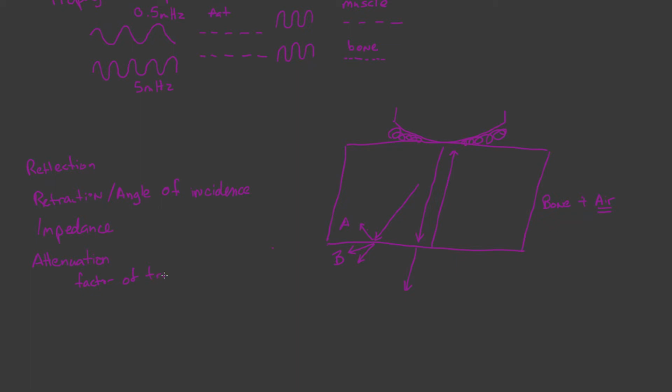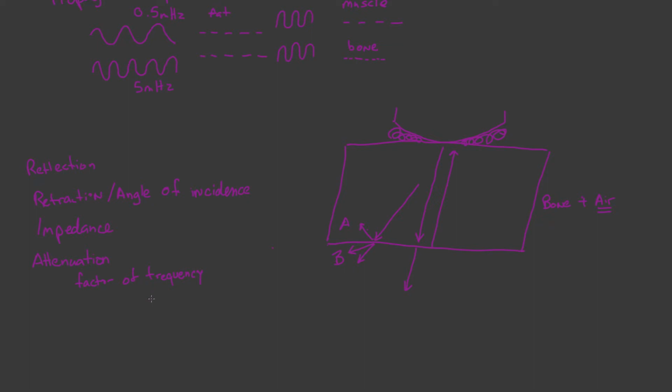So it has to do with the frequency of the sound wave as well as the distance that the sound wave is traveling. So intensity is measured in decibels, and it's roughly change per centimeter of the decibel, and is greater the higher the frequency is.